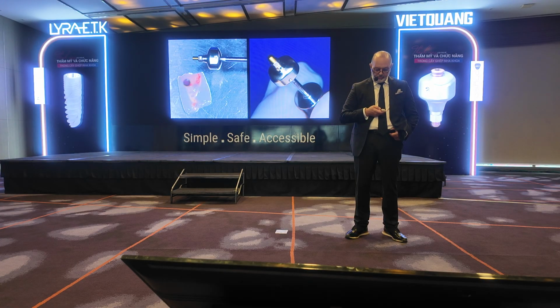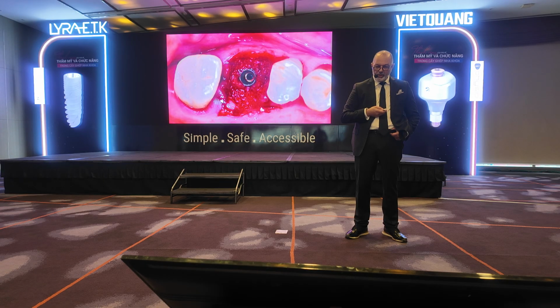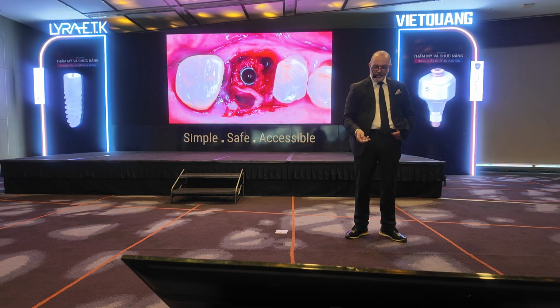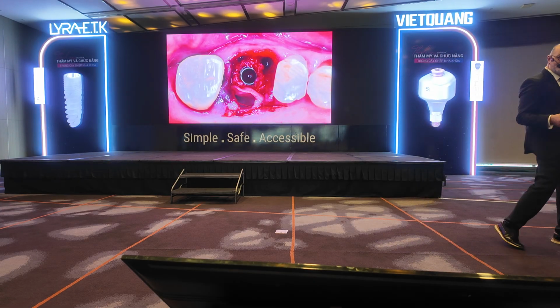So here we will put some artificial bone and PRF. Here, excuse me, just a minute, very interesting. Here I had the cyst on the palatal root. Excuse me, I'm in front of you, sorry for that.